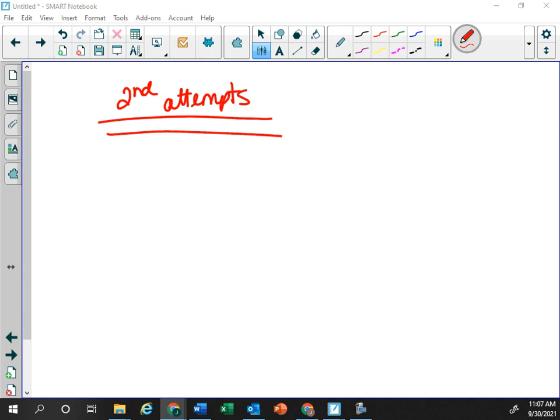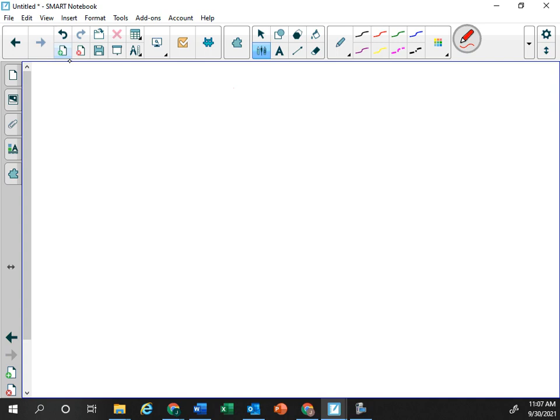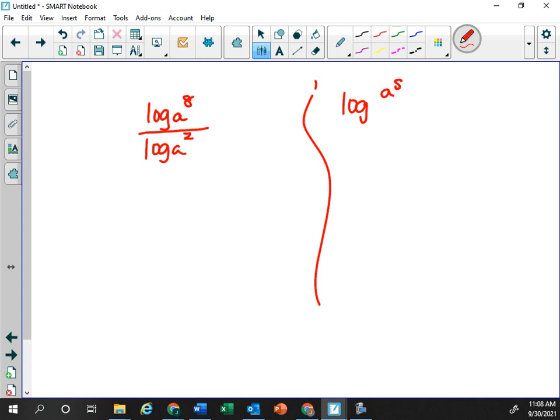Let me walk you through 2, because it just looks weird. It looks different than how we did one, and you're thinking different rules than what are there. Let's see, it's log of a to the 8th over log of a squared, right? The rules we were doing were like log of a to the 8th over a squared.